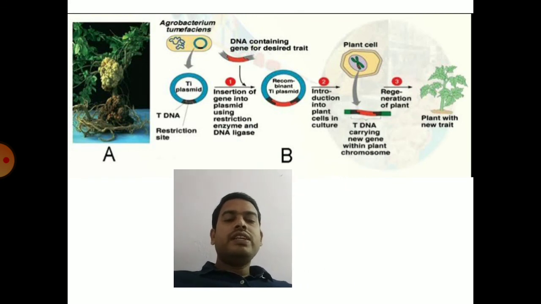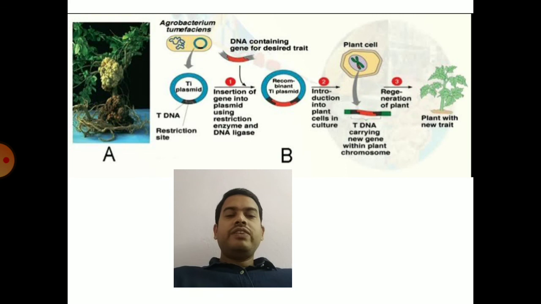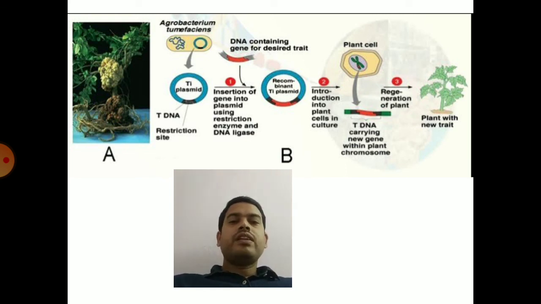So the next one is the biological method. In the previous classes we have seen the Ti plasmid, tumor inducing plasmid of Agrobacterium tumefaciens, which contains tumor inducing genes in between left and right borders. That is removed and your foreign DNA is introduced in between left and right borders, and this Ti plasmid is introduced into Agrobacterium tumefaciens.